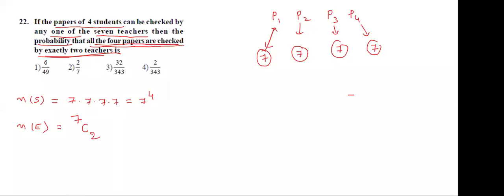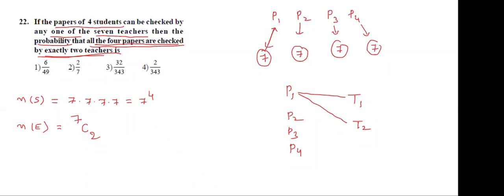I am going to select T1, T2. How many papers are there? P1, P2, P3, P4. Now observe that each paper has 2 chances. Who will correct? Either T1 or T2. Chances are there or not?